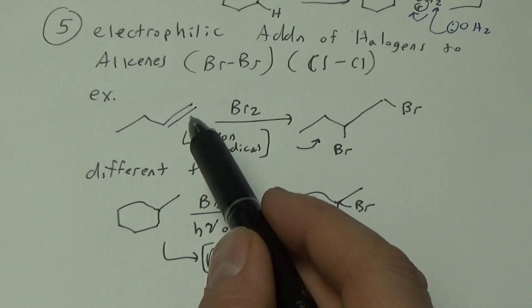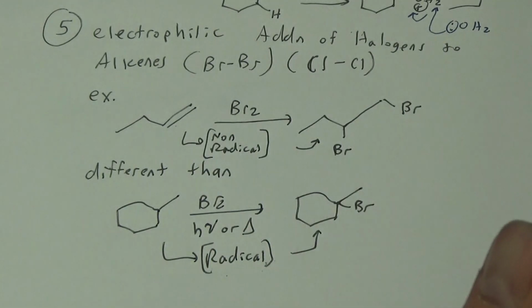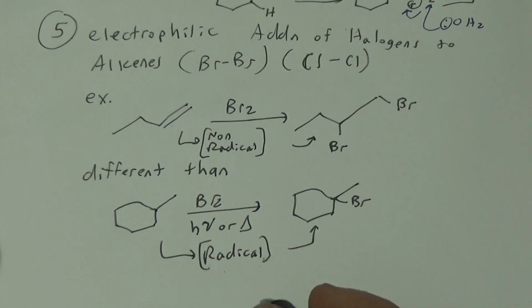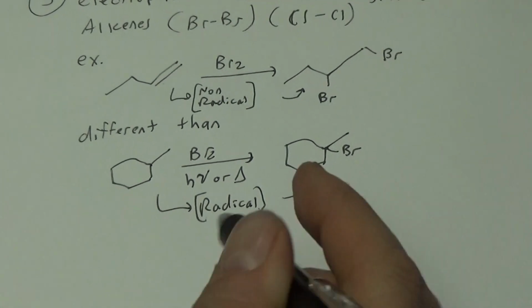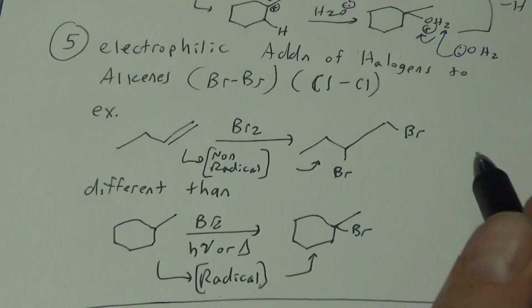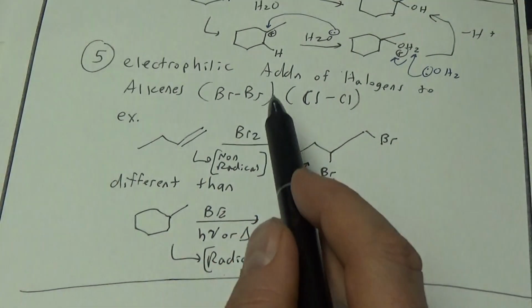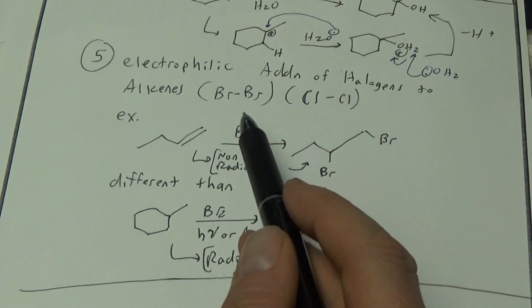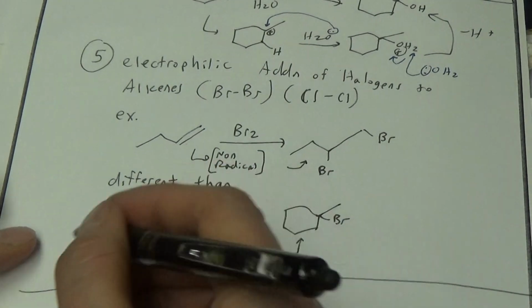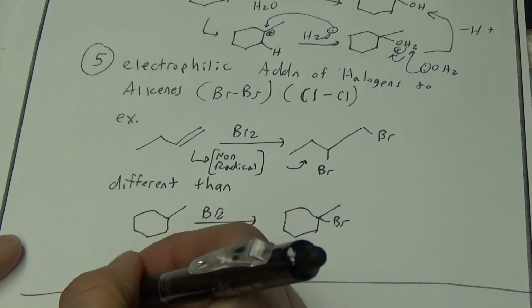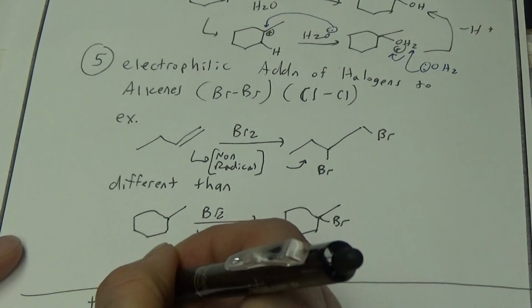Okay, so it's a different mechanism, of course. It's going to be like the alkene attacks the Br2 or something like that. Alright? Now, one interesting thing about this new reaction, electrophilic addition of halogens to alkenes, is that it occurs through anti-addition.